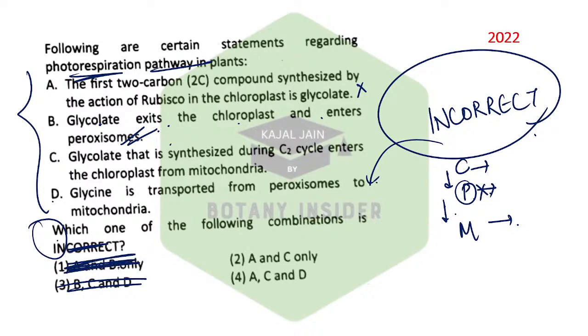Wrong. Then you have: the glycolate that is synthesized during the C2 cycle enters the chloroplast from mitochondria. Chloroplast from mitochondria. Okay, let's see. And D, glycine is transported from peroxisome to the mitochondria. This is a correct statement. That means it will not be included in our answer, right?